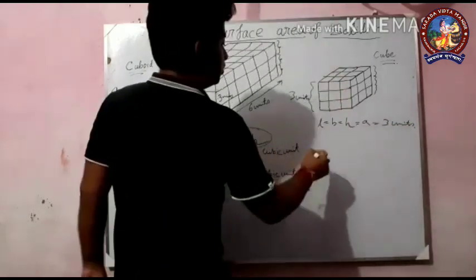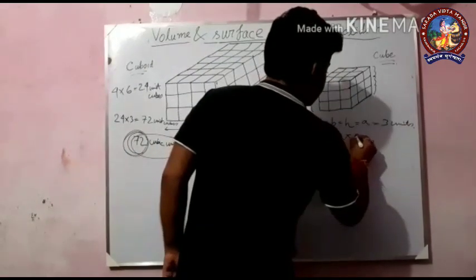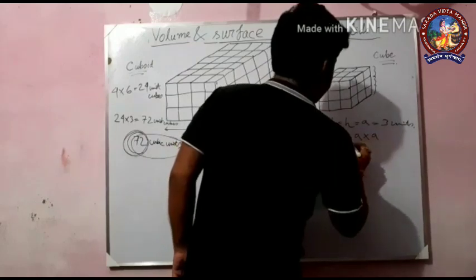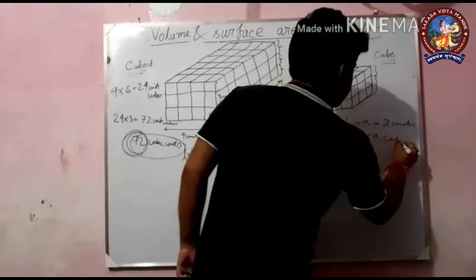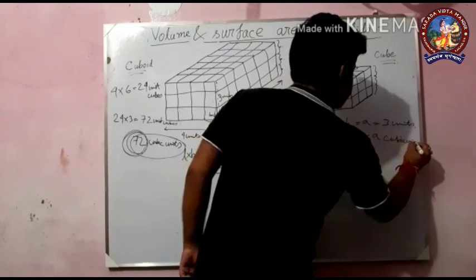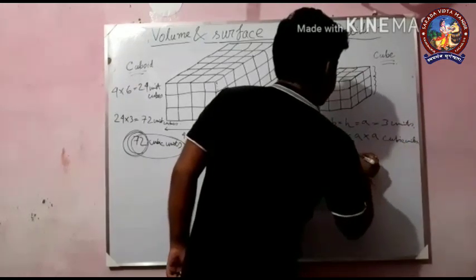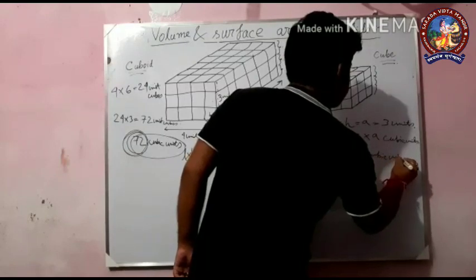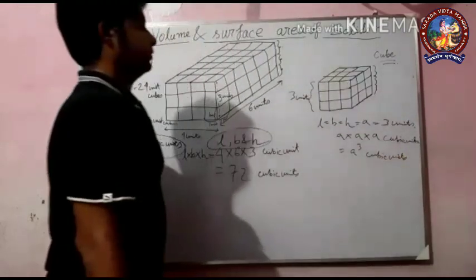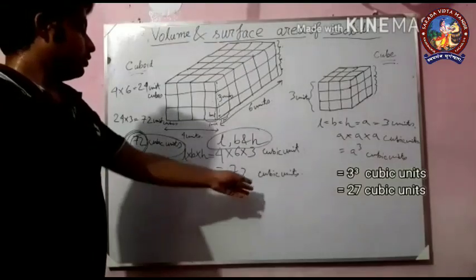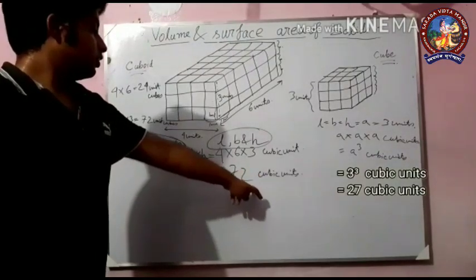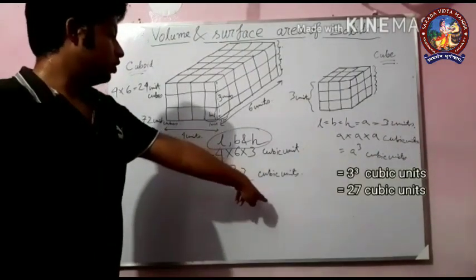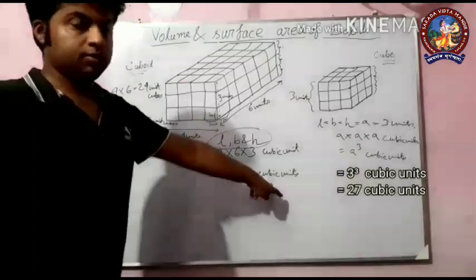So here the volume will be a into a into a cubic units, that is a cube cubic units, right? Here remember the unit of volume will be always in cubic units, right?